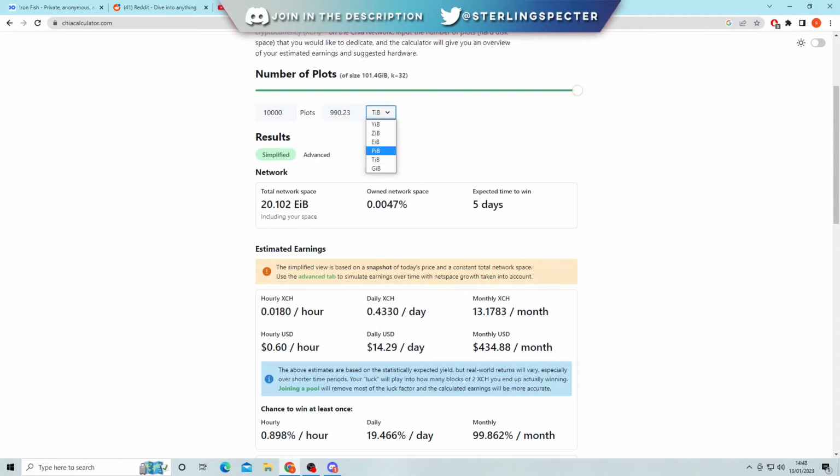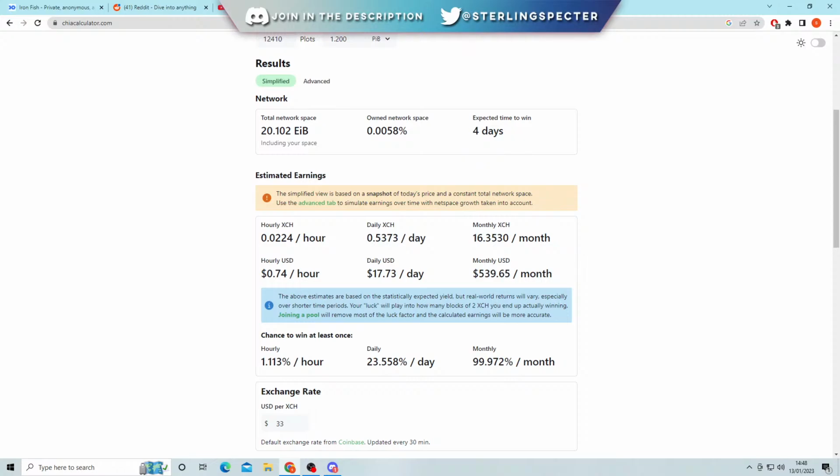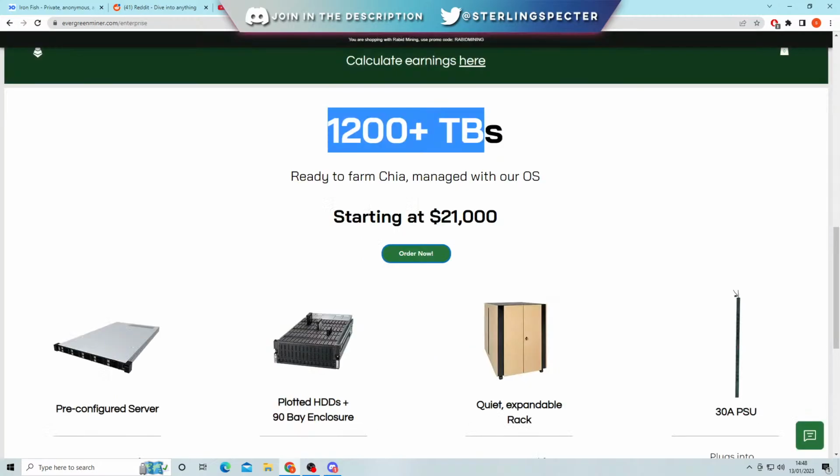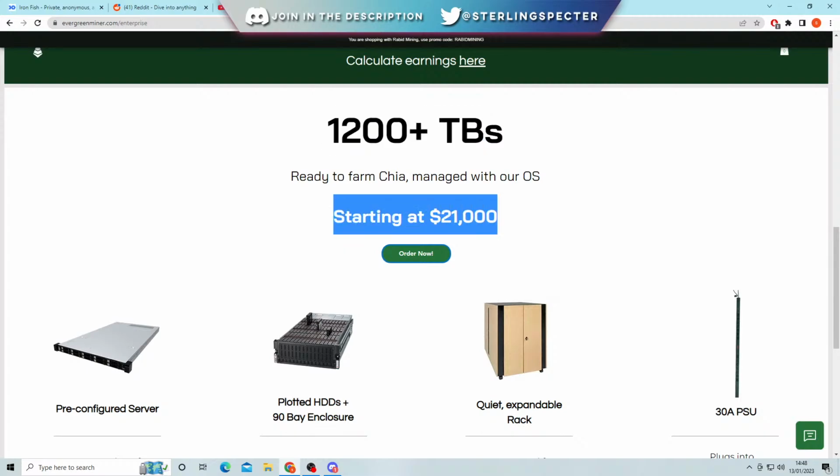Well, 1200 terabytes is going to be 1.2 petabytes. That gives you 12,000 plots, which is $539 a month. So the ROI is around 20 months, which is still extremely low.